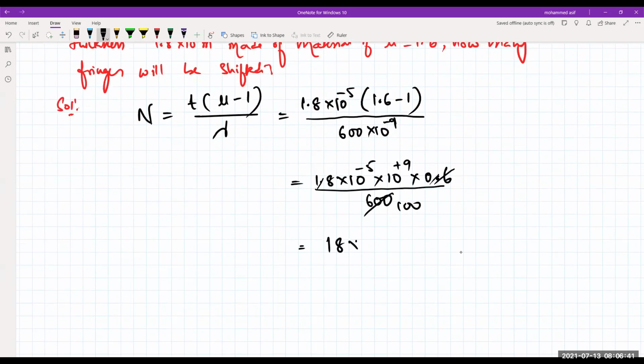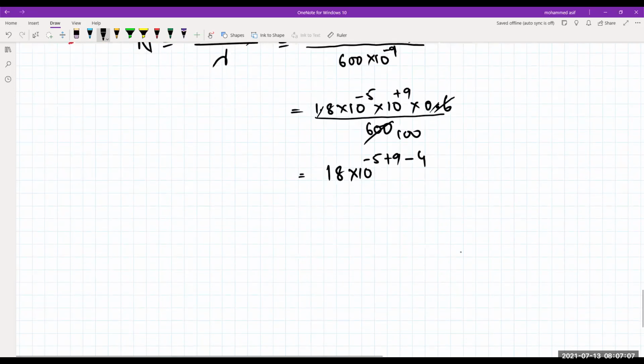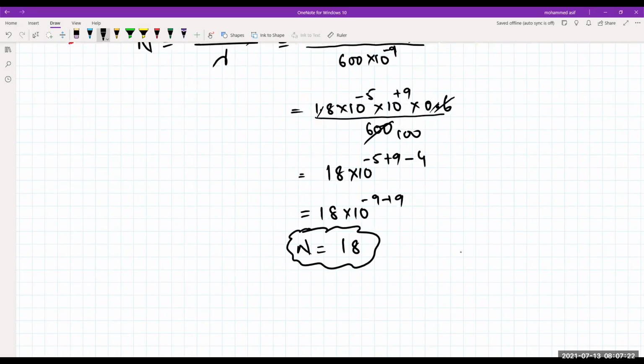This will be equal to 18 into 10 to the power of minus 5 plus 9, and that is also 10 to the power of plus 9 in the denominator, so it becomes 10 to the power of minus 4 upward. That comes to 18 into 10 to the power of minus 9 plus 9, so that will cancel out. That is equal to 18. So the number of fringes which have been shifted will be 18. Is that clear for everyone?